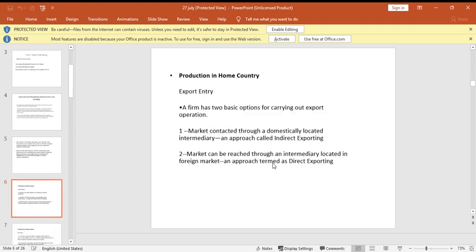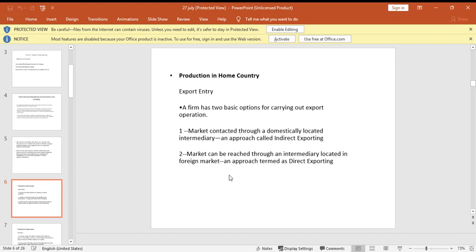And we're going to learn in this international marketing environment and strategy, that is, production in the home country, how the export entry is going to be done. A firm has two options for carrying out export operations. The first is that the market is contacted through a domestically located intermediary, an approach called indirect exporting.